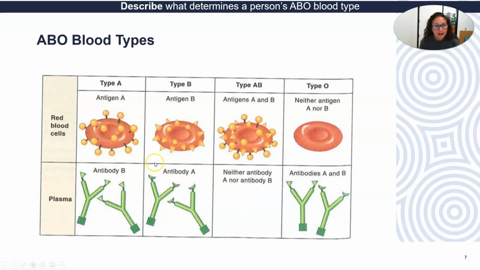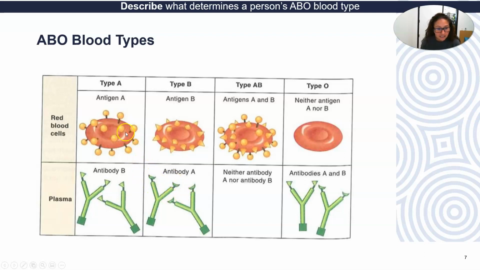Look, if you have antigen A, you'll have antibodies that stick onto B. See how they don't match? If you have type B blood, you have antibodies that stick onto A. So this antibody is going to stick onto this guy, but luckily you don't have that red blood cell, so you don't need to worry.